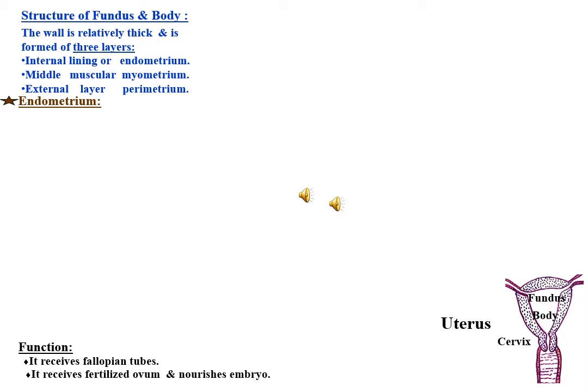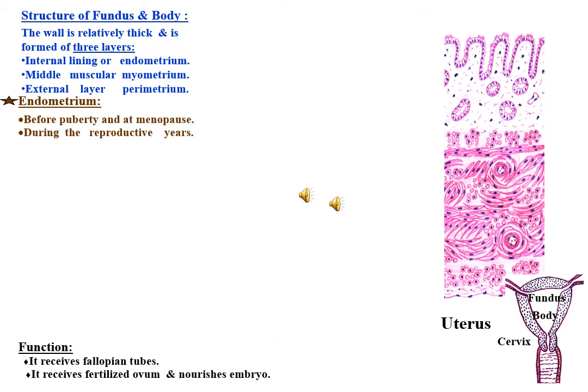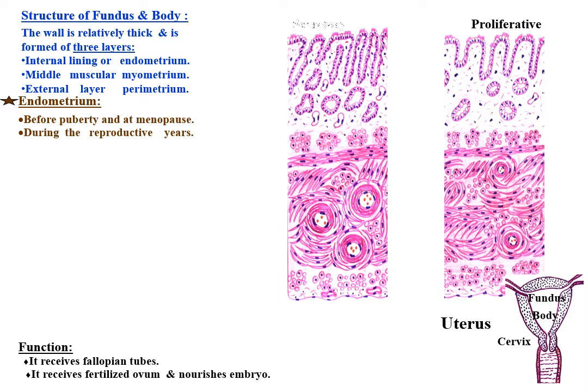Endometrium: before puberty and at menopause, the endometrium is simple cuboidal with a scanty stroma and rudimentary tubular glands. During the reproductive years, the endometrium is formed of connective tissue corium covered with simple columnar, partially ciliated epithelium.